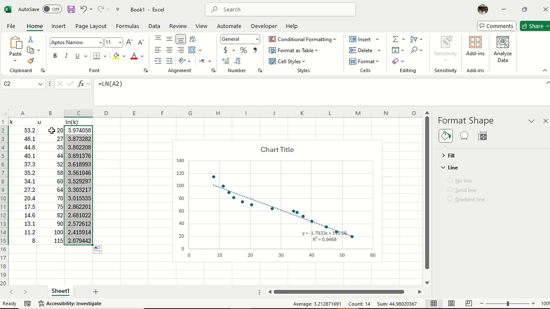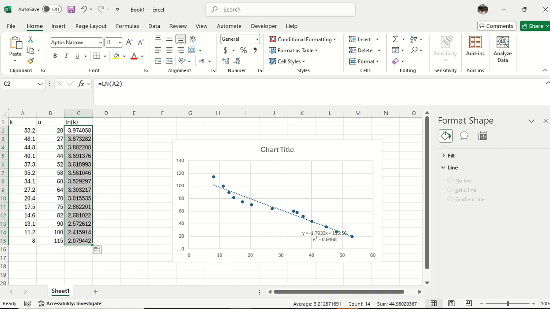Same procedure, but now you have to understand that in the earlier equation, y means u and x means k, but when you do this, y means u and x means log of k.